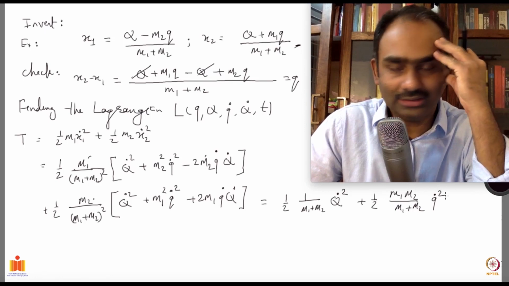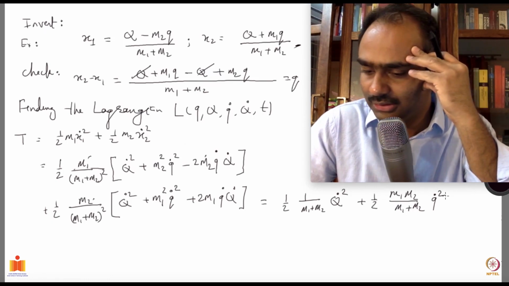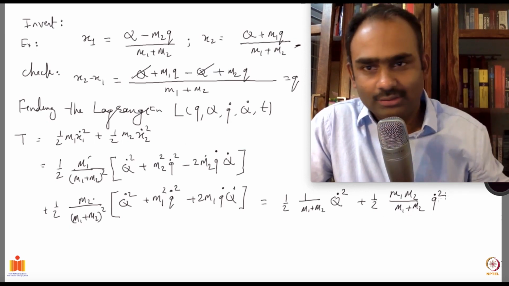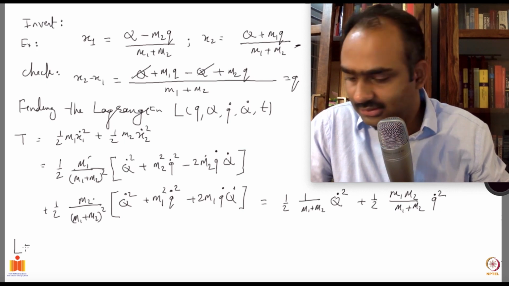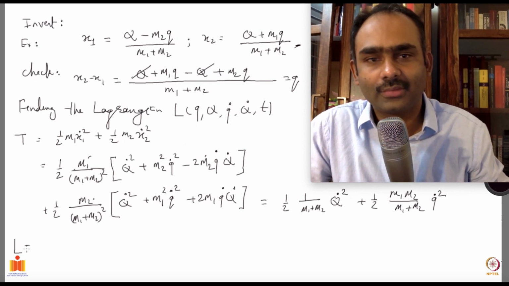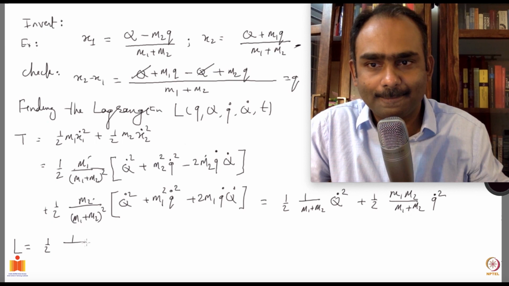That's what you're left with. All the off diagonal pieces are gone. That's good. So let me write down the Lagrangian directly because it is simple. So my Lagrangian is half, I'm writing that down again. Anyway, let me write it down.